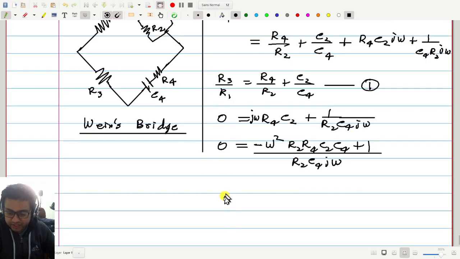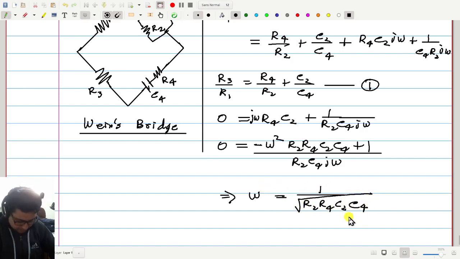The numerator should be 0, so omega squared will be 1 over R2 R4 C2 C4, or root over this will be equal to omega. So this is the other equation.